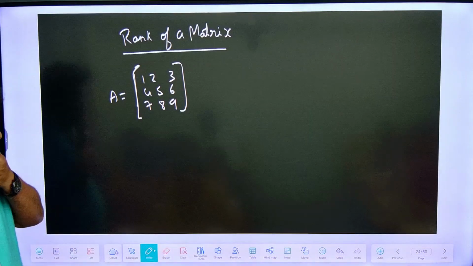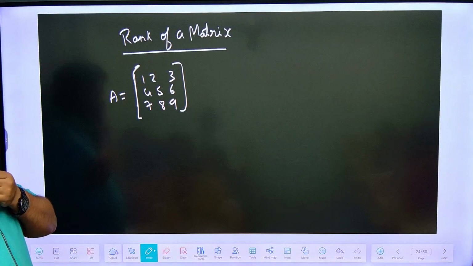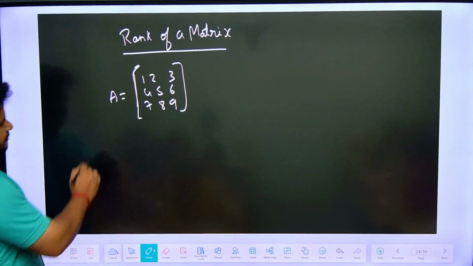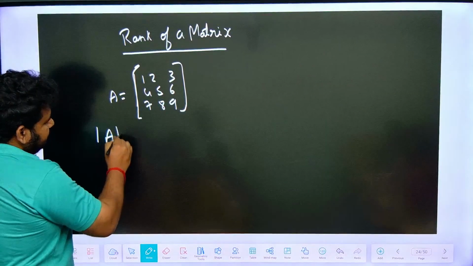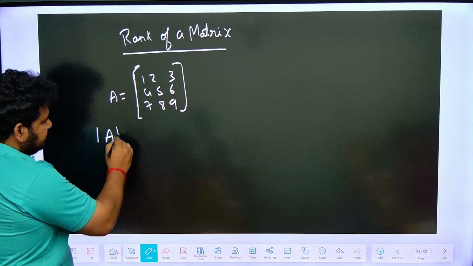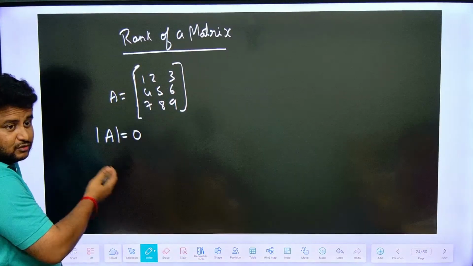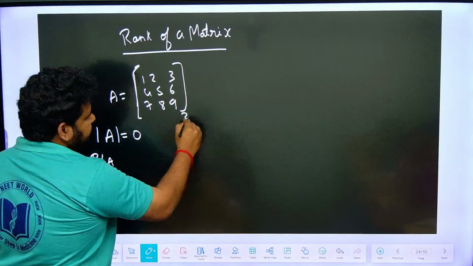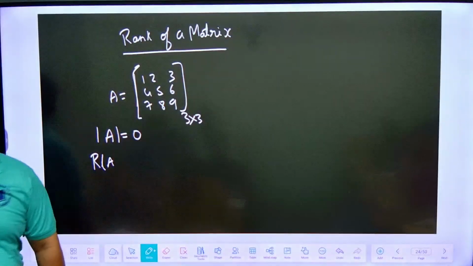Now, here, rank of a matrix. The first thing to find rank of a matrix: if det of A is equal to 0, this is a 3 cross 3 matrix.